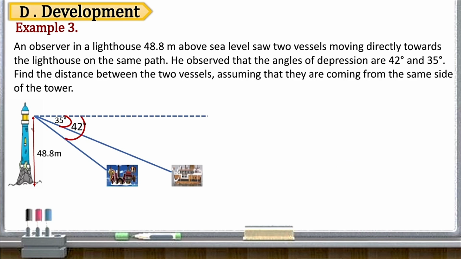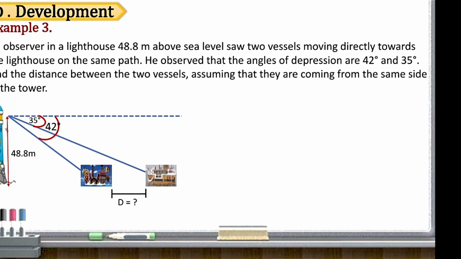Then, find the distance between the two vessels assuming that they are coming from the same side of the tower. So, ito class yung hinahanap. So, yung distance class nung dalawang barko. So, lagyan natin dito ng D. At para ma-solve natin yan, kailangan muna nating isolve yung horizontal distance ng una at pangalawang barko.